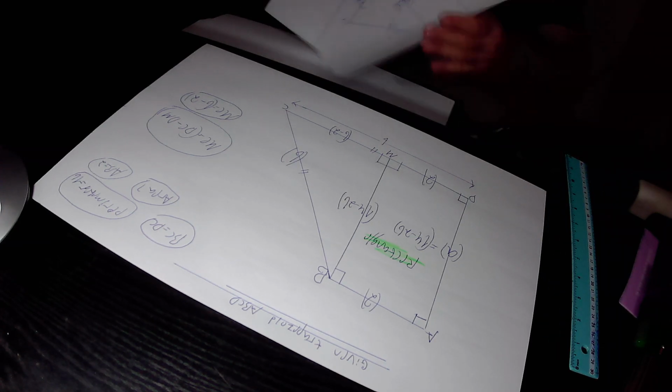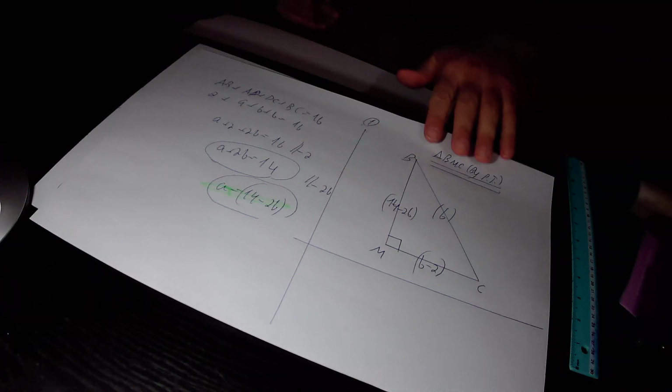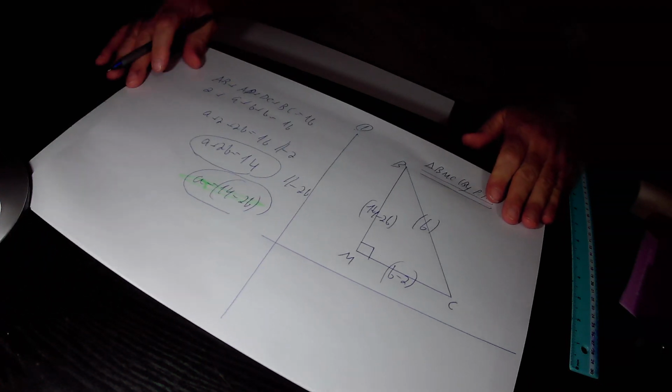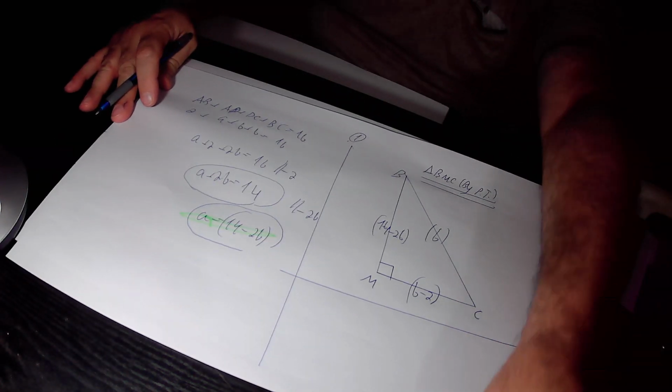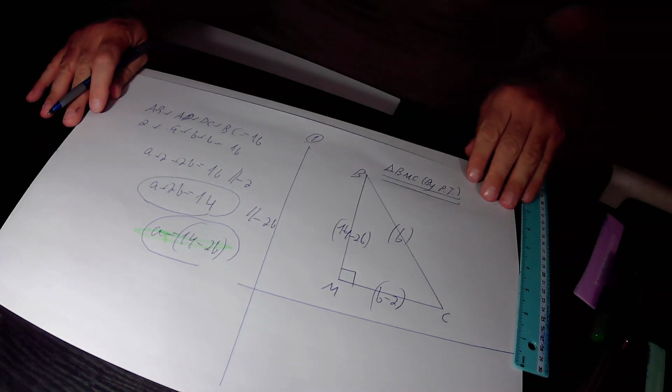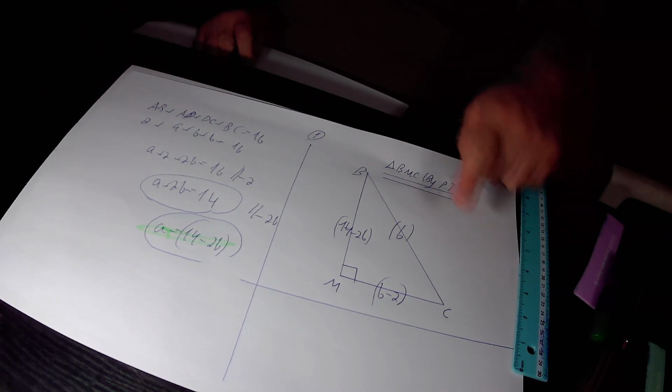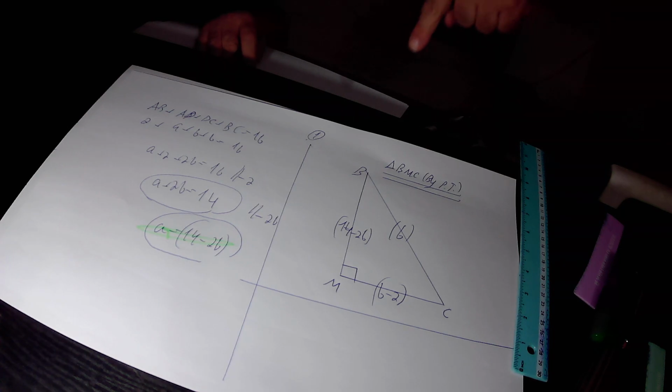So actually, this is the right triangle BMC that I copied from the original drawing. In this triangle BMC, according to the Pythagoras theorem, BC squared, that is the square of the hypotenuse, must be equal to BM squared plus MC squared.